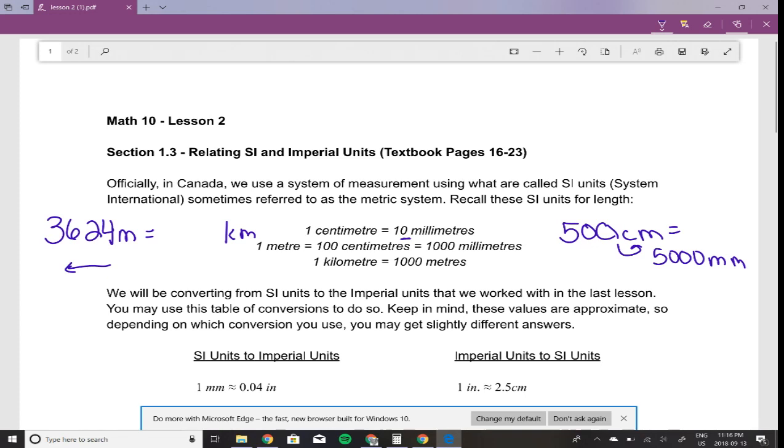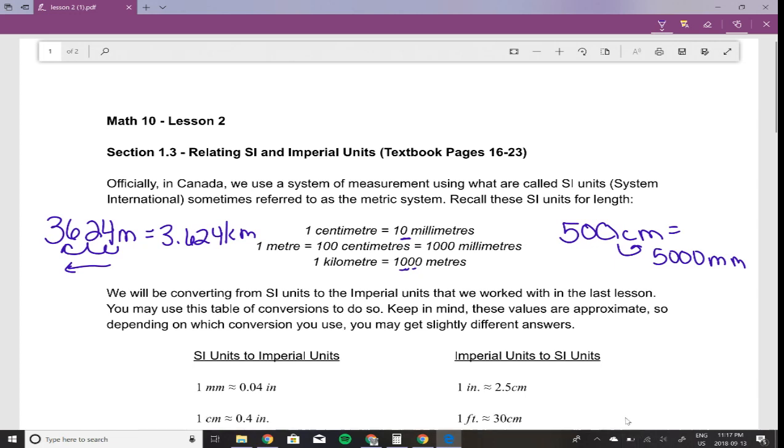In that conversion from meters to kilometers, there are 3 zeros, so I move it 1, 2, 3 places, and I get 3.624 kilometers. That's the great thing about the metric system, or the SI system, it's just a matter of moving the decimal to do your conversions. That's it. You don't have to do a whole lot of extra math with that.